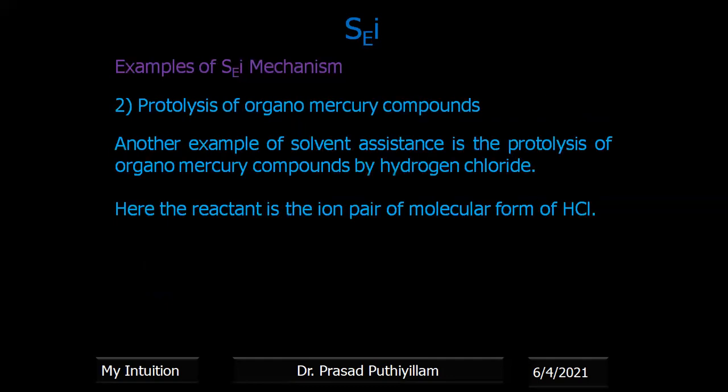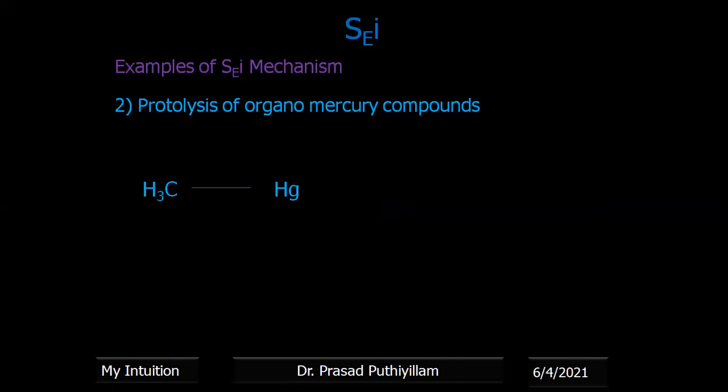The second one is protonolysis of organo-mercury compound, and it is another example of solvent assistance in the addition of H+ to organo-mercury compound with the reagent hydrogen chloride. Here the reactant is the molecular form of HCl as such. So CH3HgX and HCl, in which the chlorine has a lone pair of electrons, represented here, because this chlorine from that lone pair of electrons forms a coordinate-type bond with mercury and ends up with a transition state.